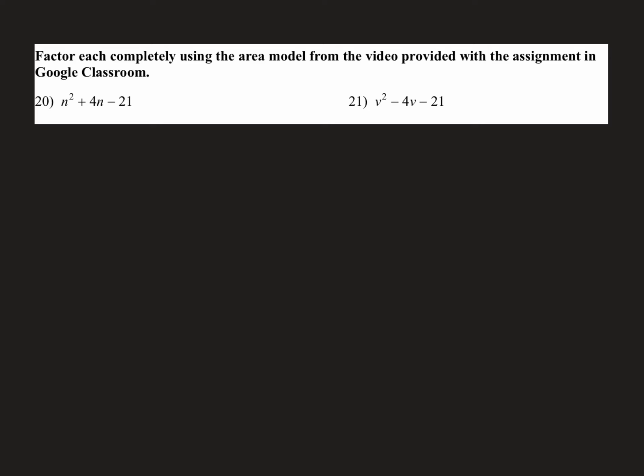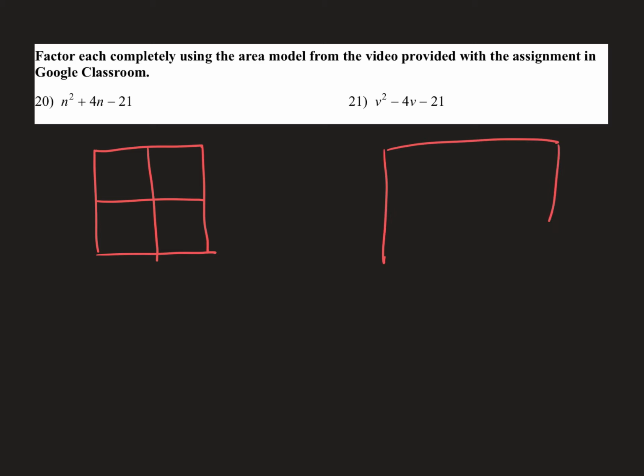Now, to factor completely using the area model. The area model is just a box. So for each of these, I want you to write down the problem, and then I want you to draw yourself a box. In that box, n squared goes in the first box, b squared goes in the first box, and negative 21 goes in the second box.